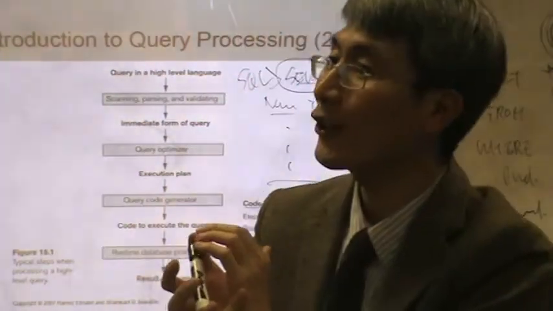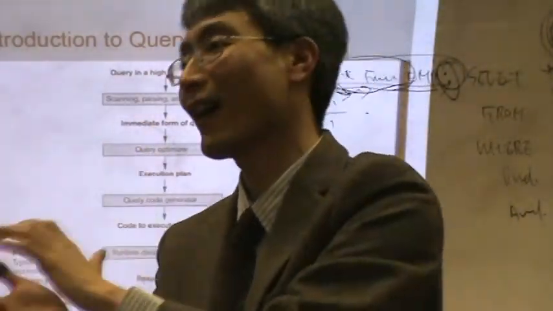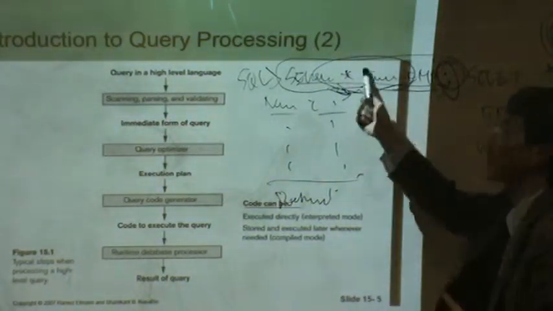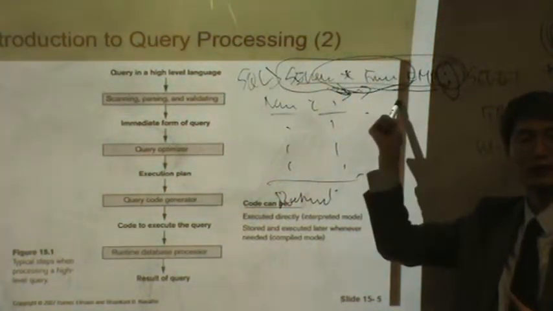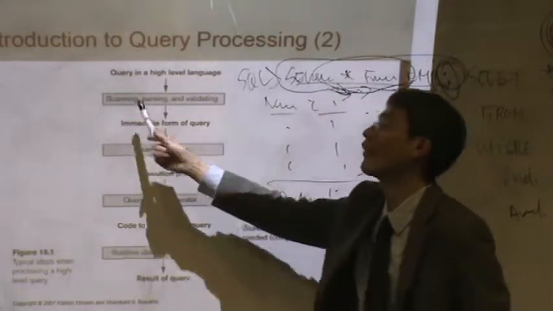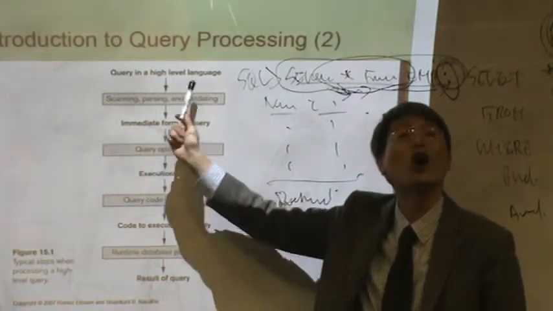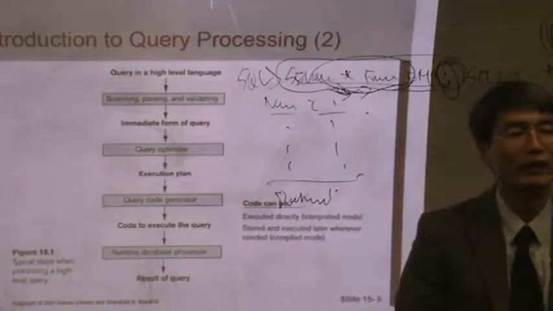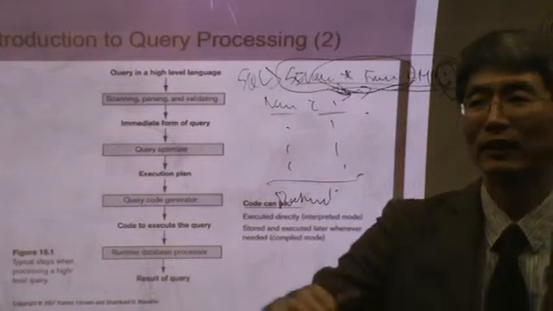Actually both of them are compilers, but the interpreter is the line by line compile. So SQL Plus follows such an interpreter. Okay, so this one will be submitted, then it follows the same procedure as the compiler. Scanning, parsing, and validating. Scanning means scan.